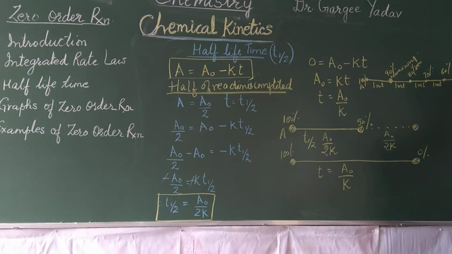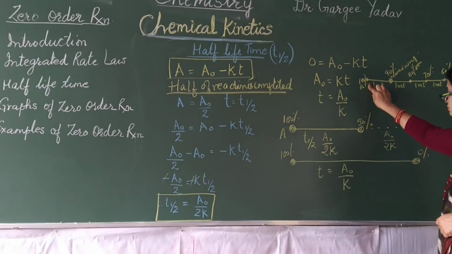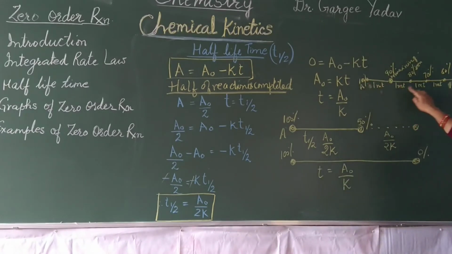In this way, for 50% completion it will take 5 minutes. So how much time is it taking for half of the reaction? 1 minute, 1 minute, 1 minute, 1 minute, 1 minute, meaning total 5 minutes.